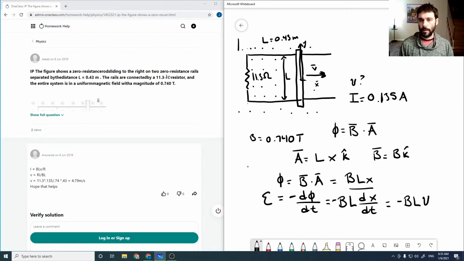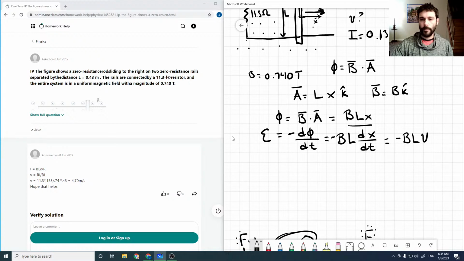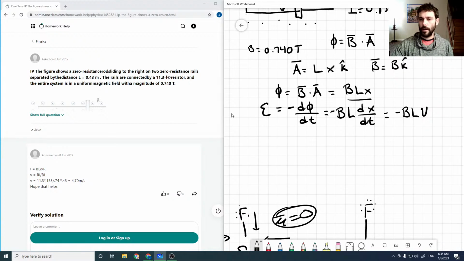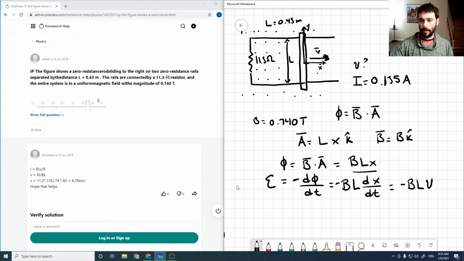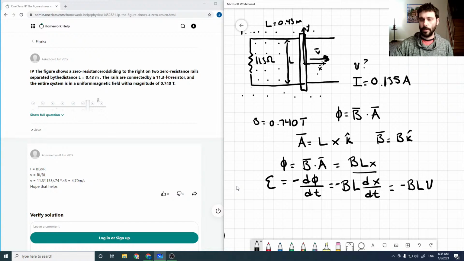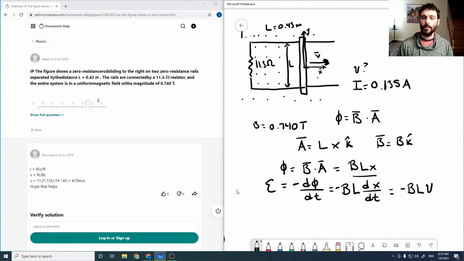I'm just not going to bother working out which way the current goes. So we've got our electromotive force, but the question wants the current through the resistor to be 0.135 amps. We know from Ohm's law that V equals IR.